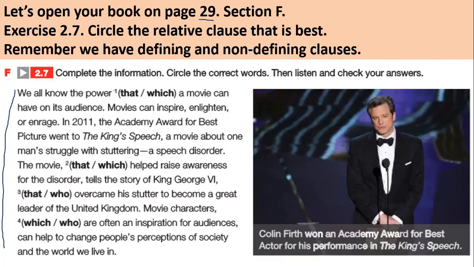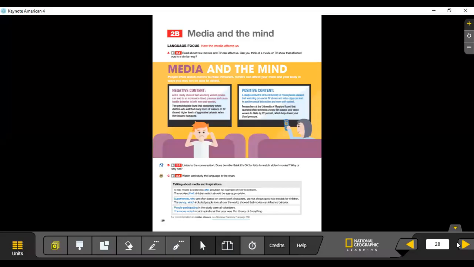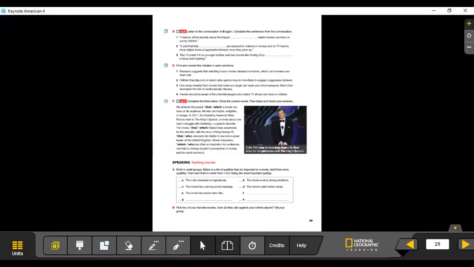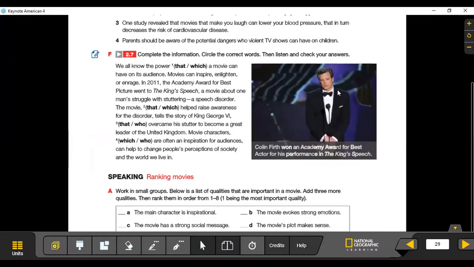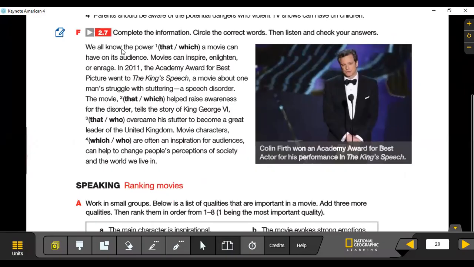I'm going to open the software from the book. Ready?